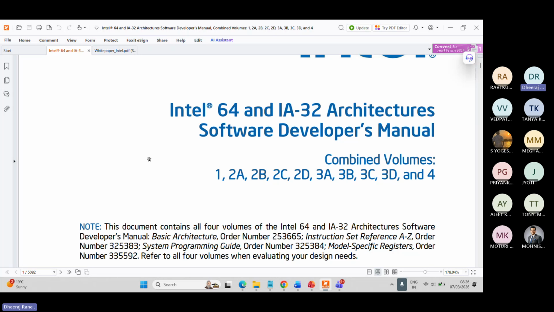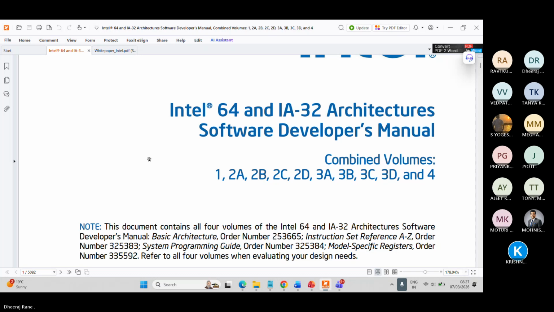So you would be easily able to differentiate how these different stakeholders are involved in the utilization of computer architecture or computer organization, right?